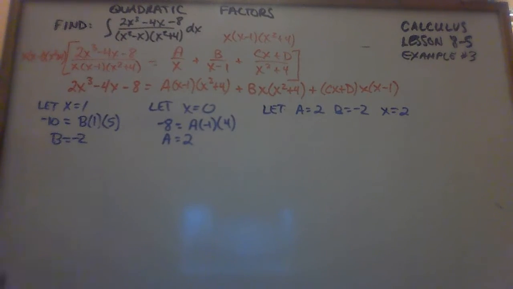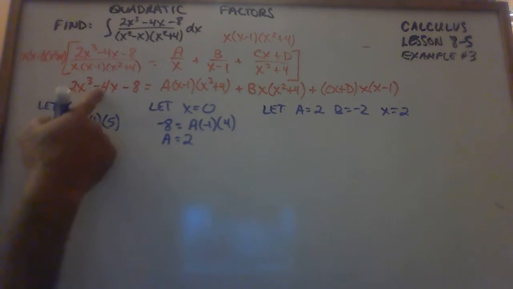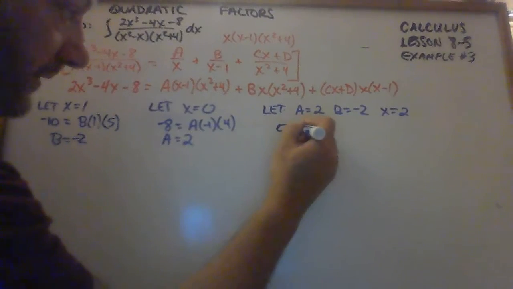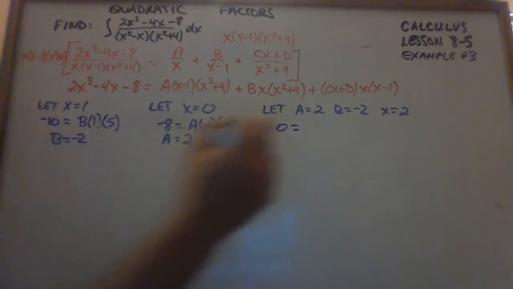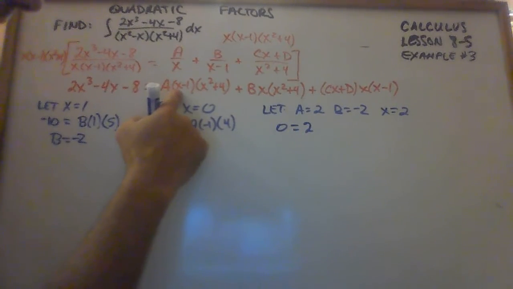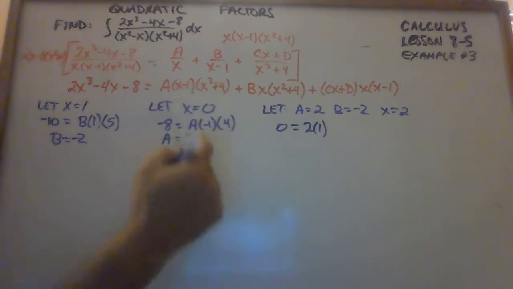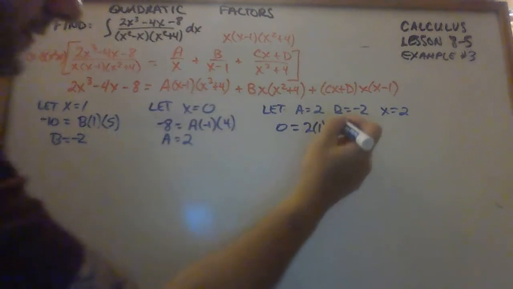So what does that do? If x is 2, then this is 8, 16 minus 8 minus 8. That's 0. So 0, that's a nice number, is going to equal 2, because A is 2. x is 2, so that's going to be 1. x is 2 here, so that's 4 plus 4 is 8.